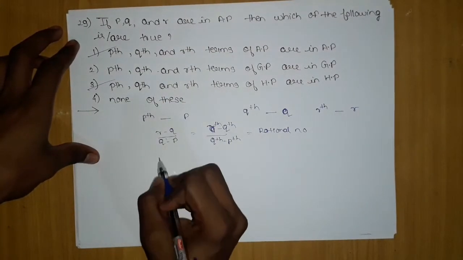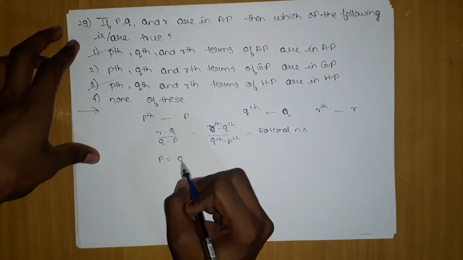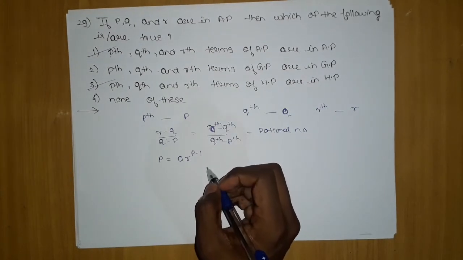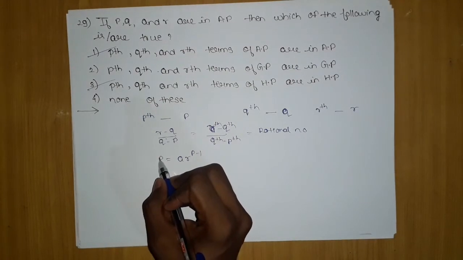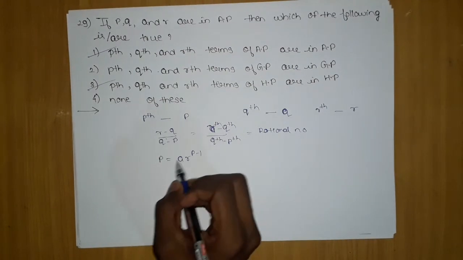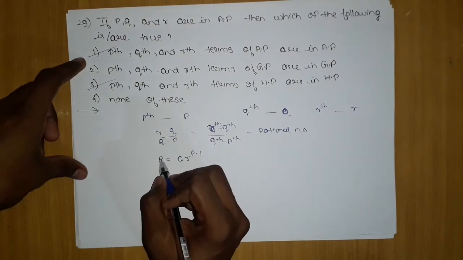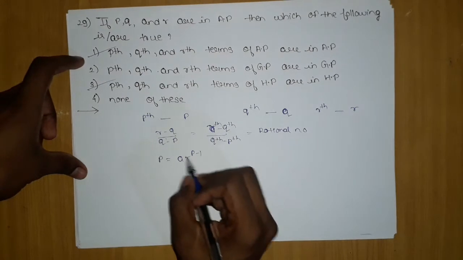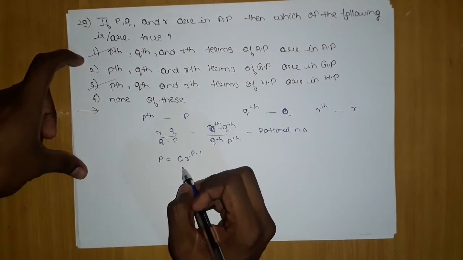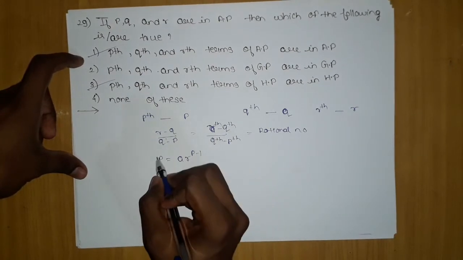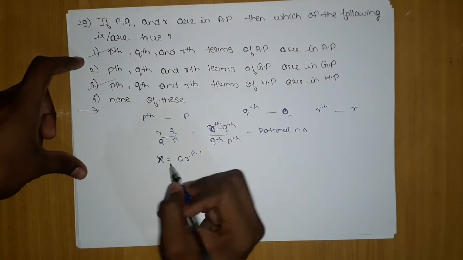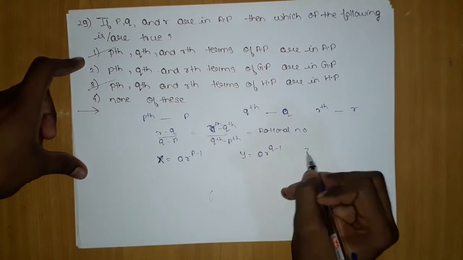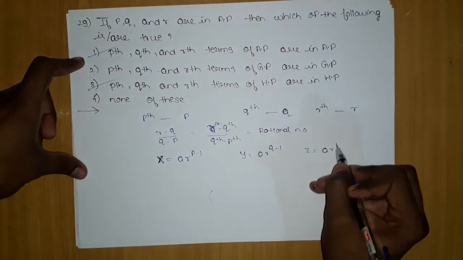Fine, now we want to check for GP. The pth term is a into r power p minus 1. Let the pth term, its value, be x in GP, and y value is a into r power q minus 1, and z value is a into r power r minus 1.